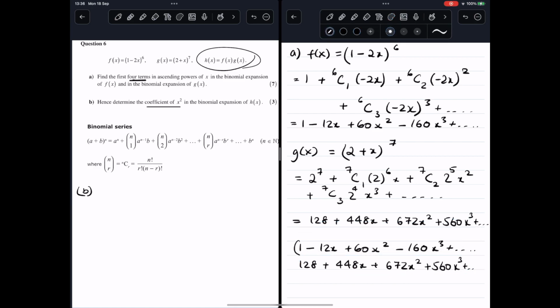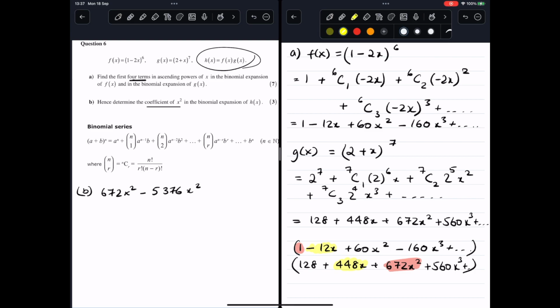So when I multiply out, I just have to look at the first number, 1, and that would have to multiply with 672x squared. So that will give me 672x squared. Followed by, I have to think about the minus 12x multiplied with 448x, which will give me minus 5,376x squared.